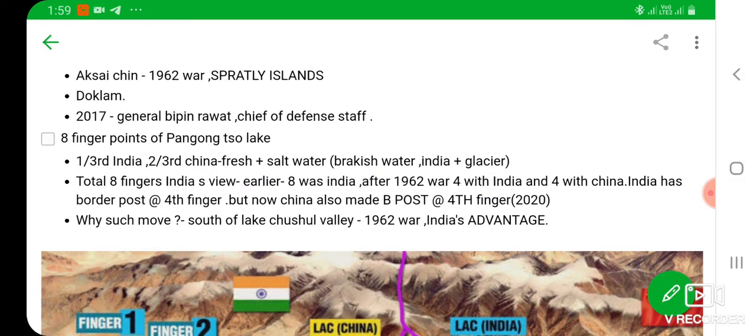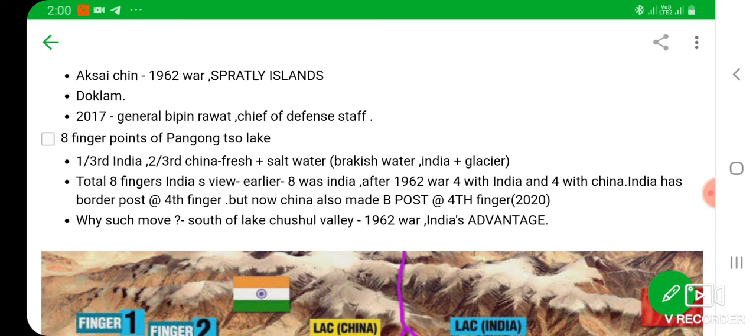Regarding the 8 fingers, before 1962 all these mountains belonged to India, but after 1962 there was a war between India and China. After that, the condition is that 4 finger points are for India and another 4 are for China.